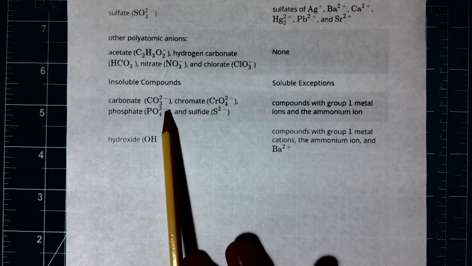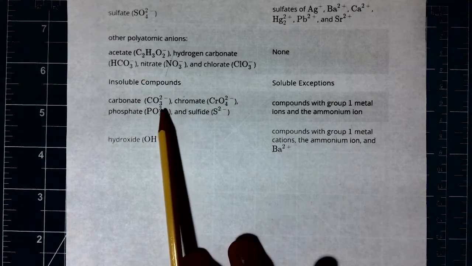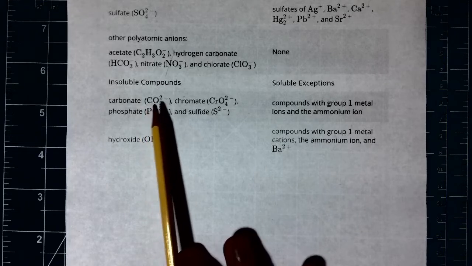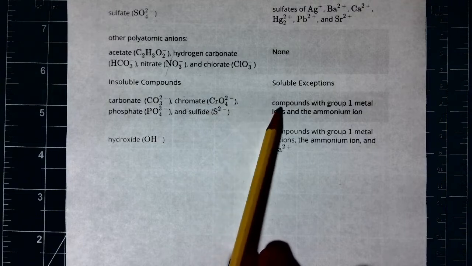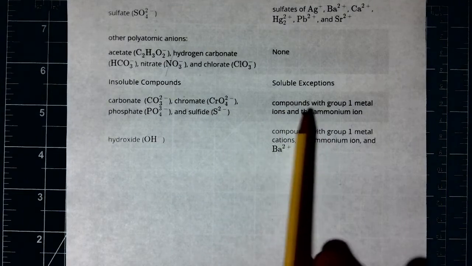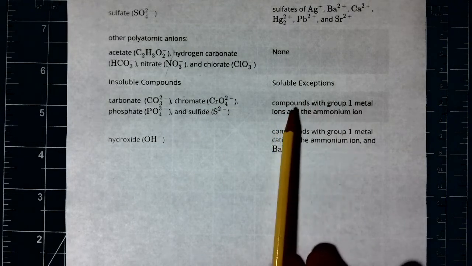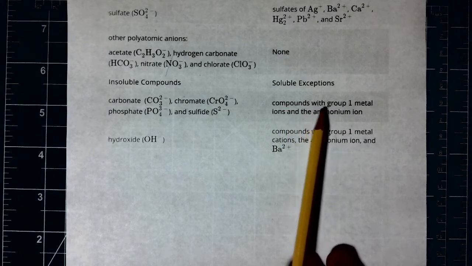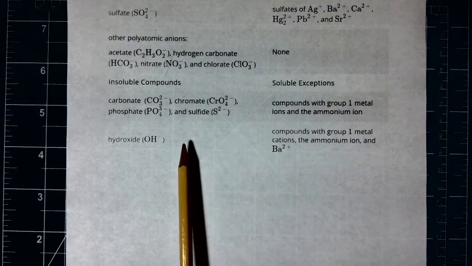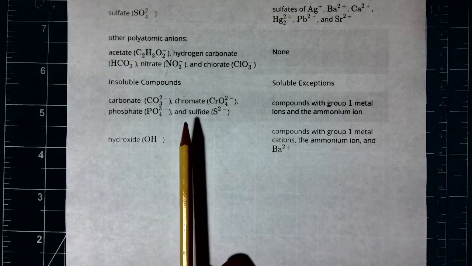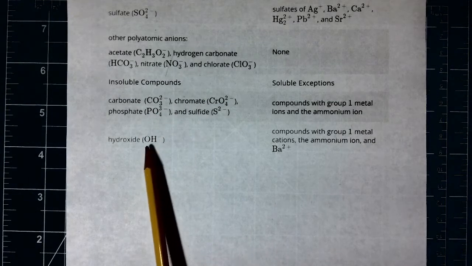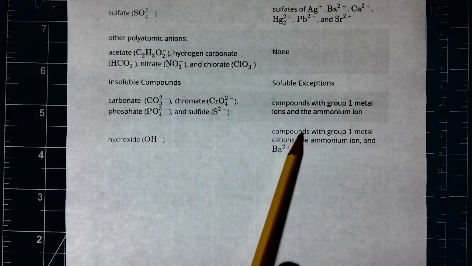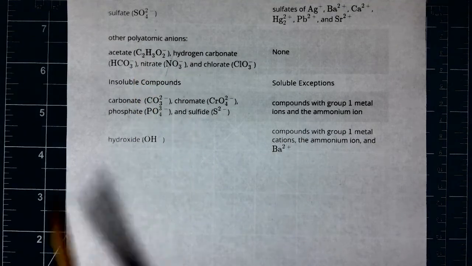And so is going to be true for some of the other polyatomics here: carbonate, chromate, sulfide. Whenever we see them with group 1 metals and ammonium and stuff like that, these guys are going to be soluble. And then the hydroxides are going to be soluble when we see them with group 1 as well.